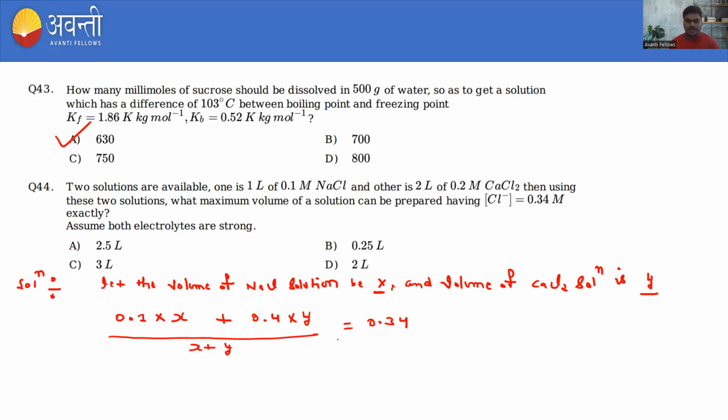The concentration of chloride is already given. Just multiply and solve this.